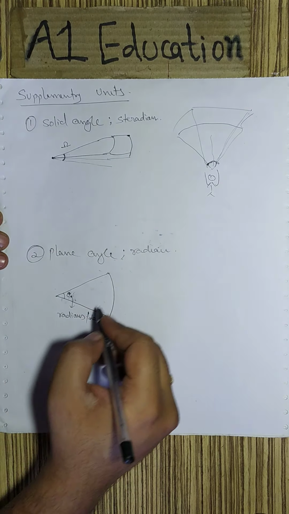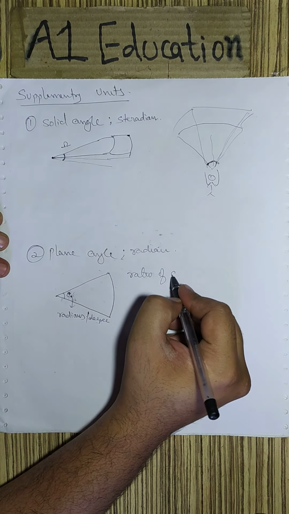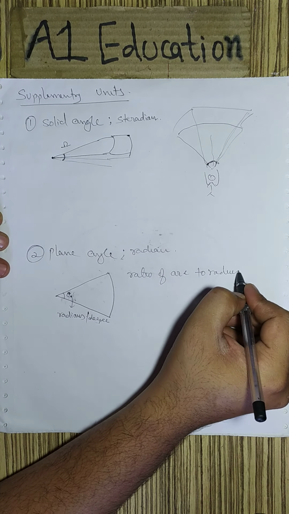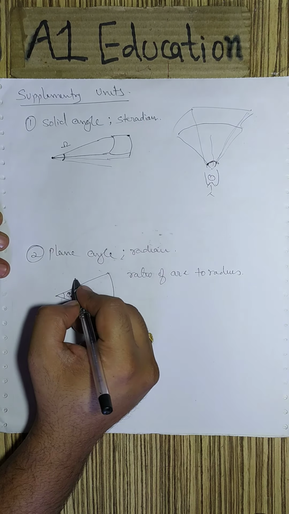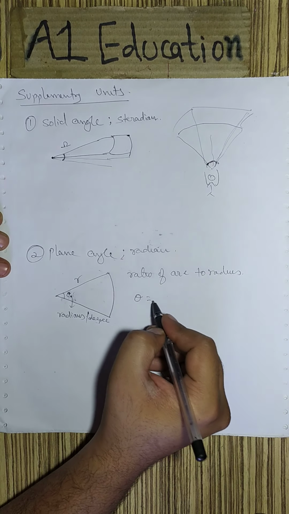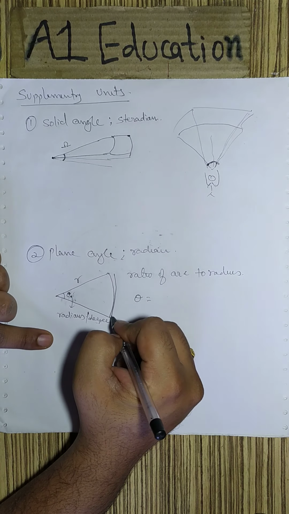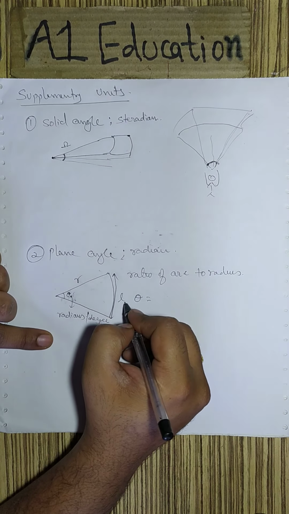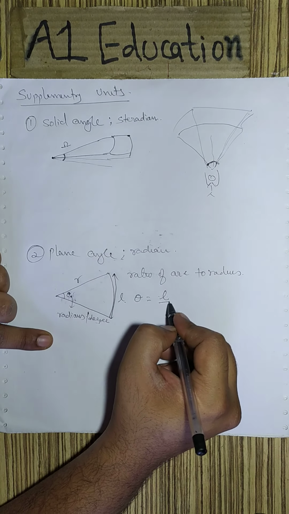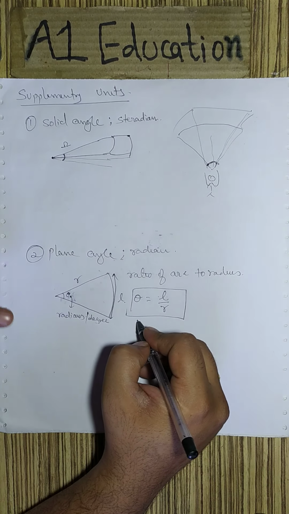So plane angle is defined as the ratio of arc to radius. Let us say this is a part of a circle of radius r, then the plane angle in radians is defined as, this is the length of the arc denoted by L. So length of the arc upon radius of the circle, this is the formula for the plane angle.